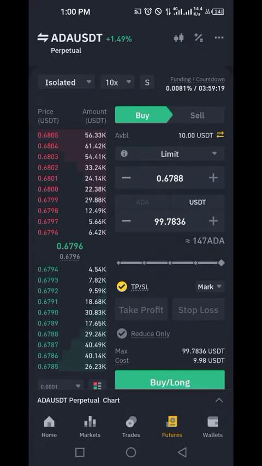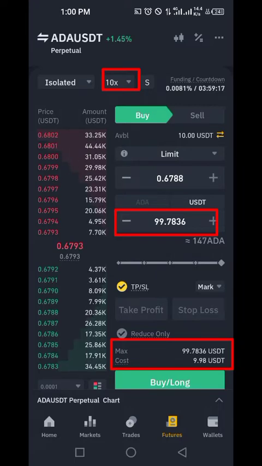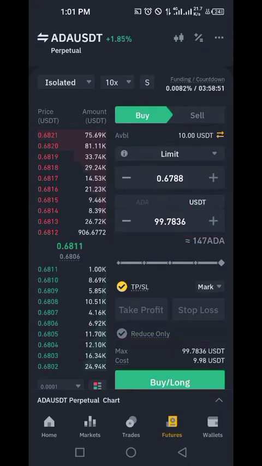Can you see now 9.98 USDT is what it cost me, because I only have 10 USDT. But when it shows here, it showed 99.7836 USDT. So I multiplied the cost with the leverage, which gave me the ability to enter the position with 99 USDT.